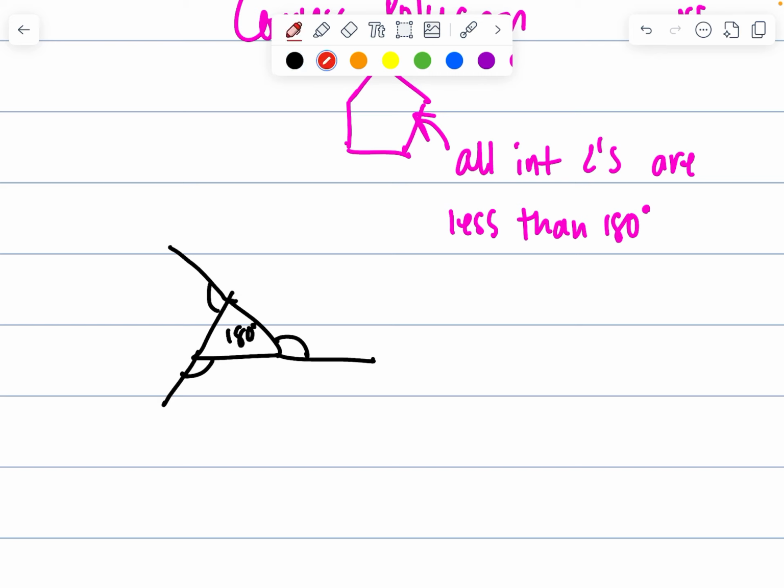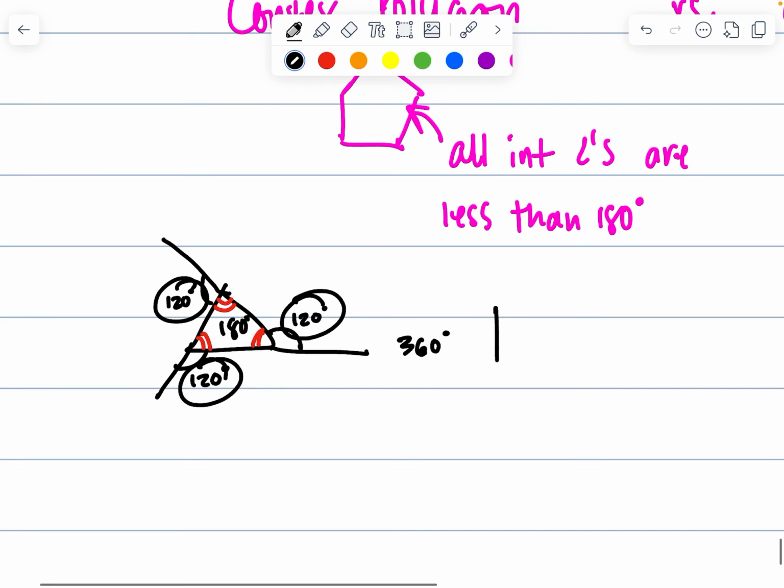Now, if you think of this as equiangular, that means all the angles are 60 degrees on the inside, which means on the exterior we have 120 to make the full supplementary or linear pair. We would have 120 degrees here and 120 degrees here. So what is the sum of exterior angles? Well, if you add all of these up, this is equal to 360.